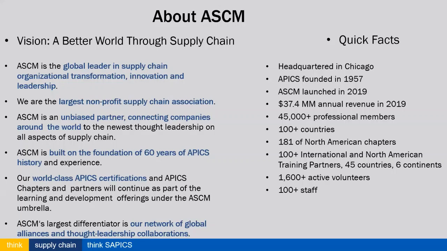Our differentiator is a large number of global networks from different parts of the world. We're headquartered in Chicago, and we have over 45,000 professional members from different parts of the world in over 100 countries, with 181 North American chapters, 1,600 active volunteers, and over 100 staff.